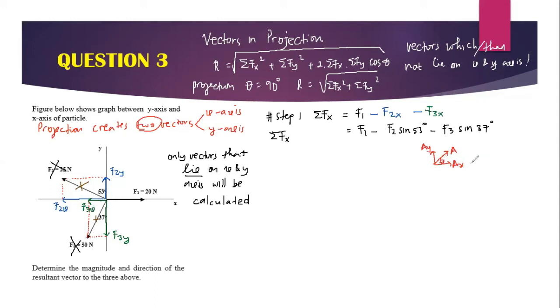So Ax is A cosine theta and Ay is A sine theta. So cosine with respect to theta, so automatically the opposite is sine theta. Is it clear for you?